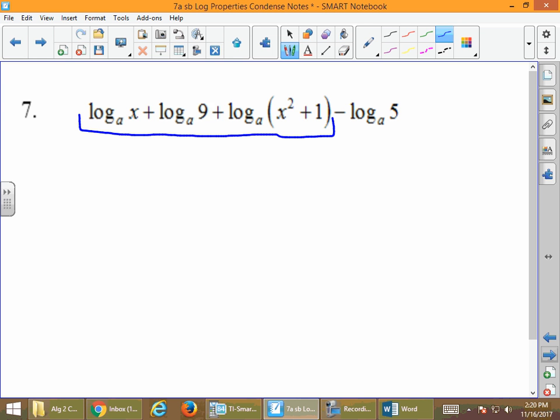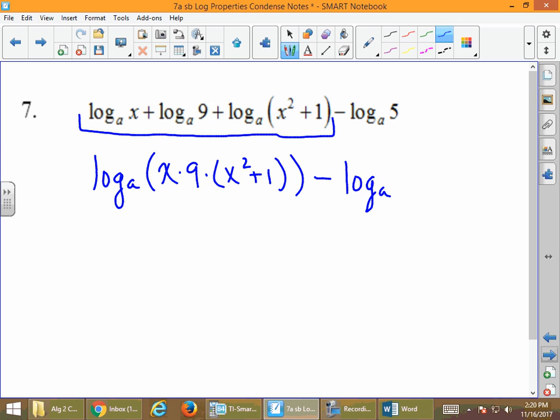And when we see the plus, that's telling us to use the product property, and the product property says that we're going to multiply x times 9 times x squared plus 1. And we still have our log base A of 5.